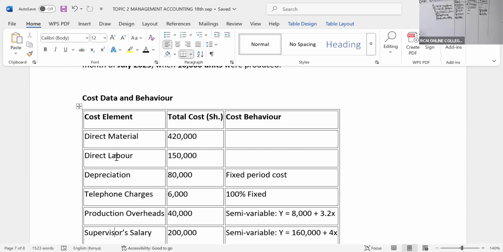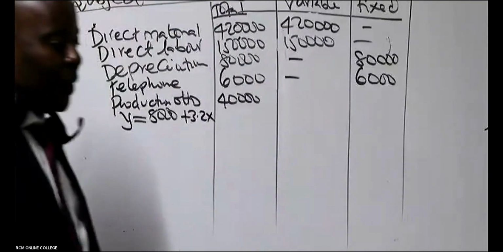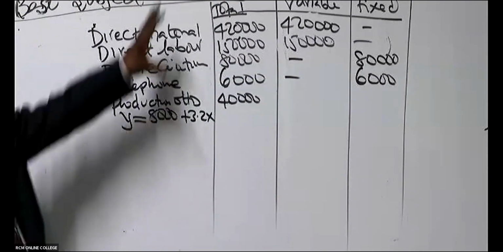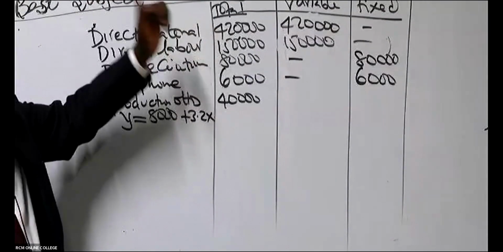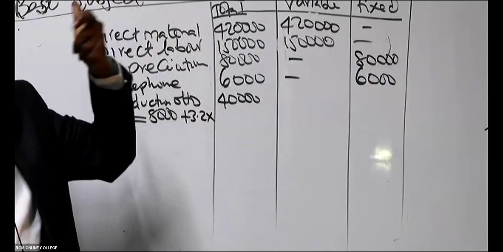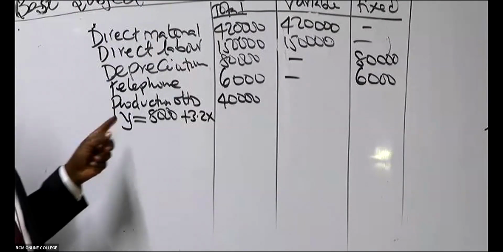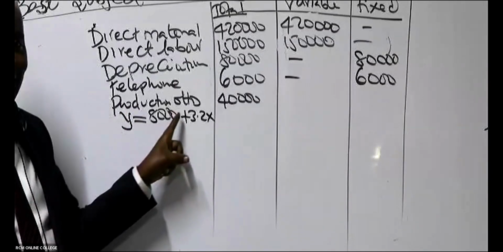Then they are telling us that this production cost uses this equation: Y equals 8,000 plus 3.2x. Remember, this information was used to produce 10,000 units. Now, this is the production overhead cost equation.